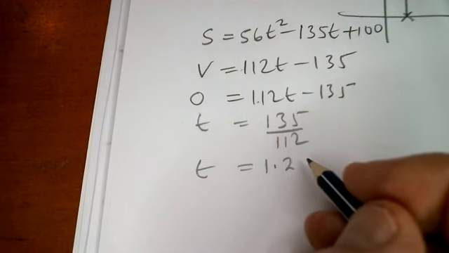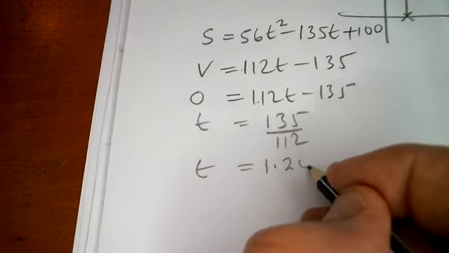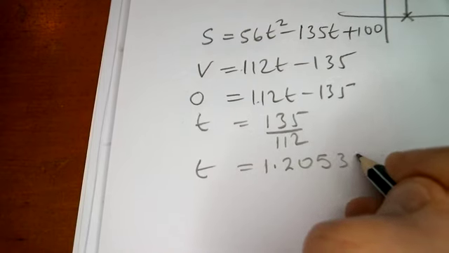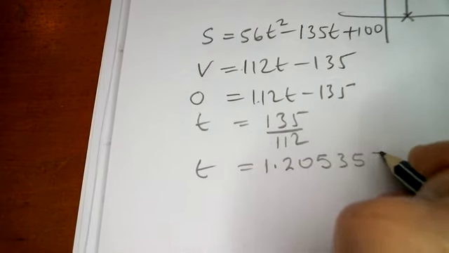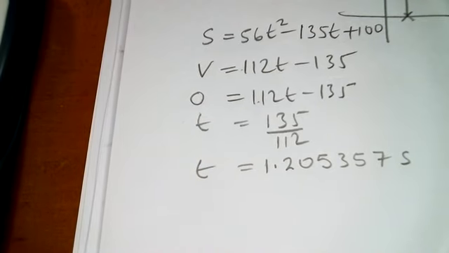Always go back to the original. The original was 1.205357 seconds. It's quite good practice to use the entire number each time. In fact, it's very bad practice not to.